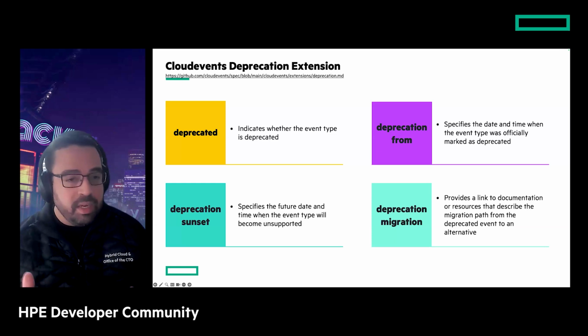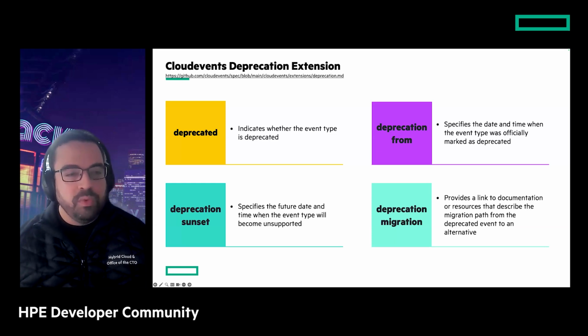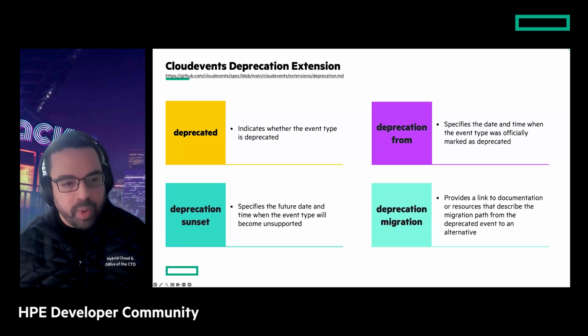And as you see here, it's straightforward. We have four fields. One is a Boolean to inform whether the event is deprecated. Then deprecation from, where you specify the date and time when the event was marked as deprecated. The sunset, where we inform when the event will become unsupported.